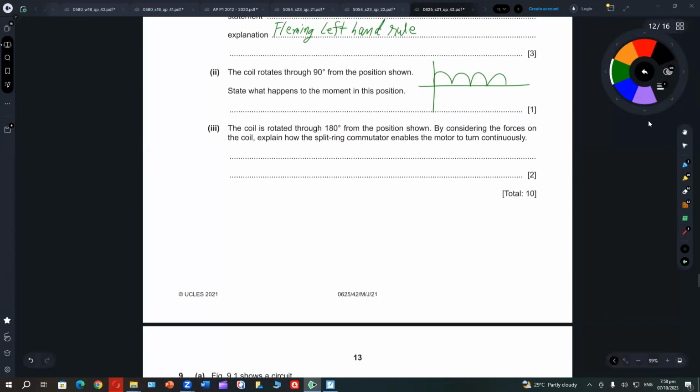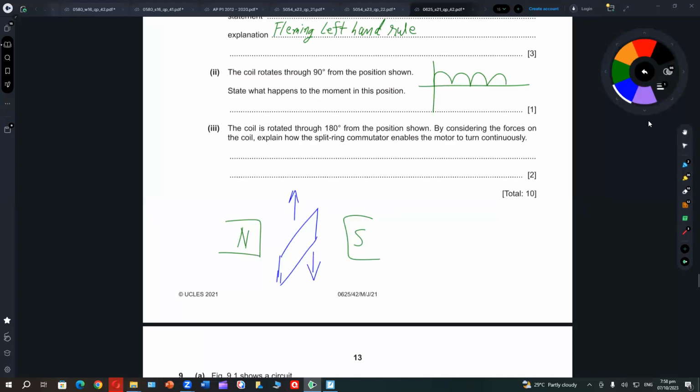Look at this diagram I made here to explain this part. This is north, this is south. The coil will be vertical between the plates. This is the coil position. Now the coil is vertical. This is the force and this is the force.